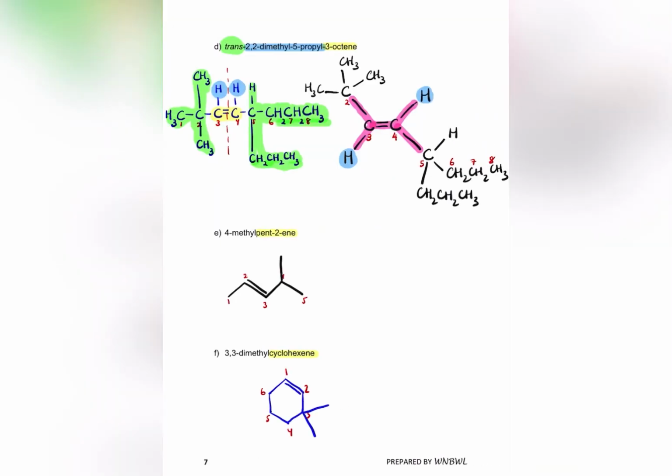But make sure when drawing trans or cis, you have to show the horizontal V shape with the respective groups or atoms involved in the structure, whether they are in cis or trans position.